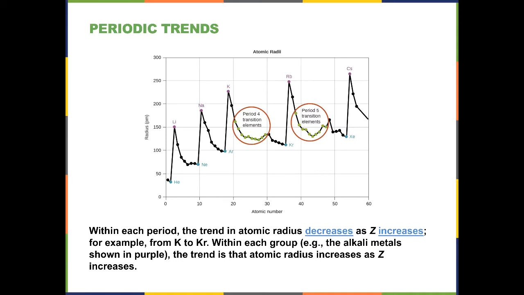You'll see that the increase is more dramatic going down a group than it is going across a period. And you also see that there's the possibility of a few outliers as you go across. For example, there's little bumps up going from K to Kr.